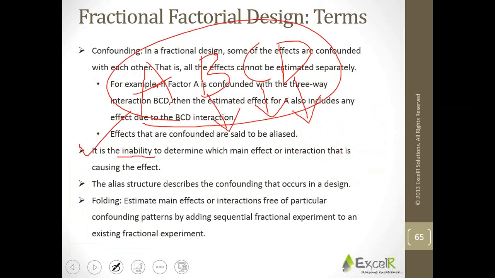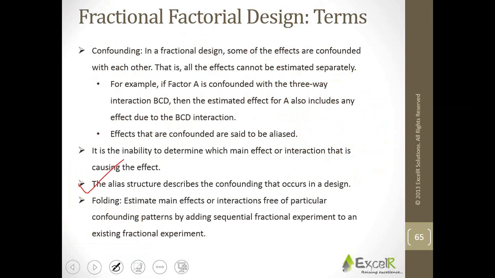It's A along with BCD combined together causing some effect. But you cannot narrow down on whether B is causing or whether A is causing the effect or C is causing or D is causing the effect. The alias structure describes the confounding that occurs in the design. That is all about confounding.